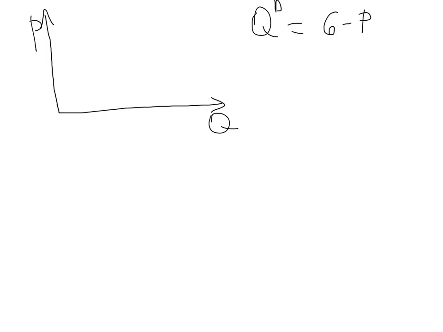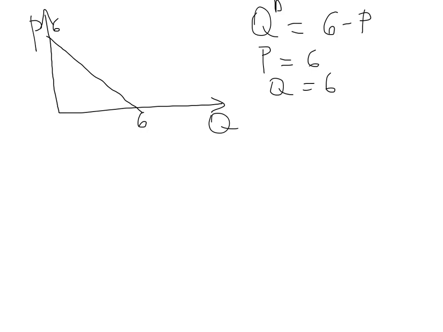So if Q is 0, my intercept for P is 6. And if P is 0, my intercept for Q is 6. So they happen to be equal here, 6 and 6.